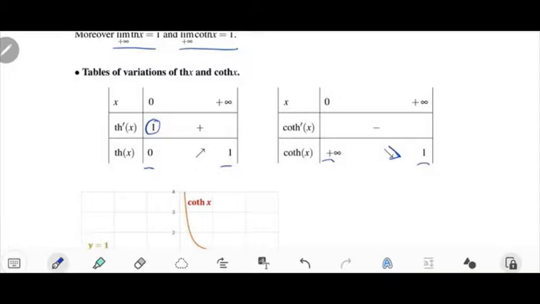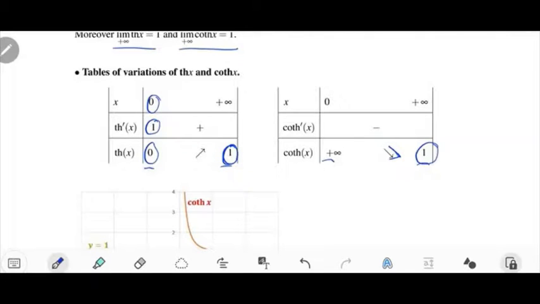So we have the point 0, 0 on the function th in here, and then we have an asymptote y equal 1, and since th is odd, then the symmetric part with respect to O will have an asymptote y equal to minus 1, and for coth we have also an asymptote equal to 1, and for the other symmetric part we have also an asymptote equal to minus 1.